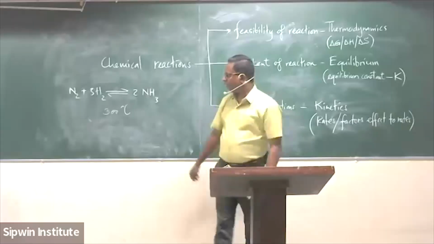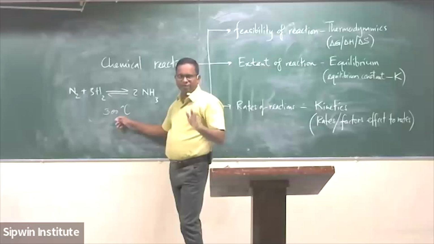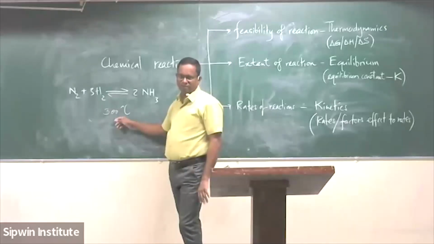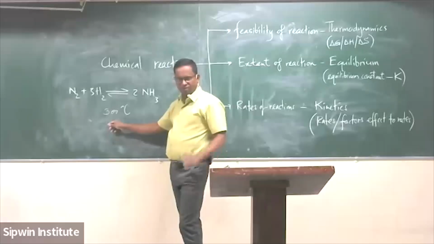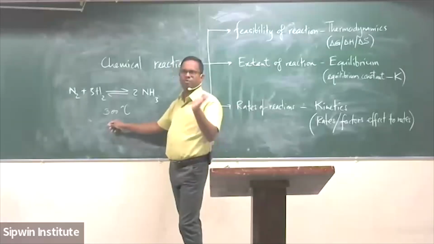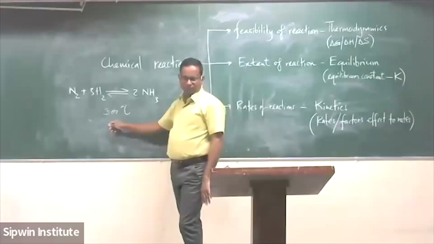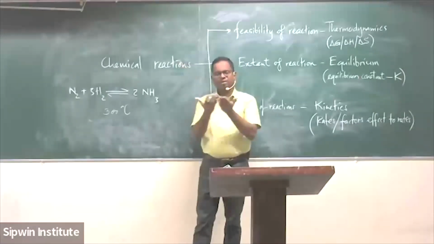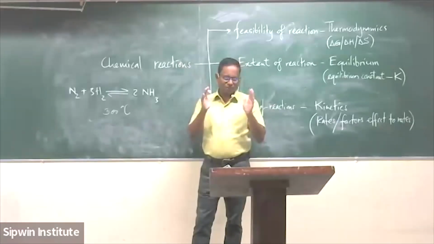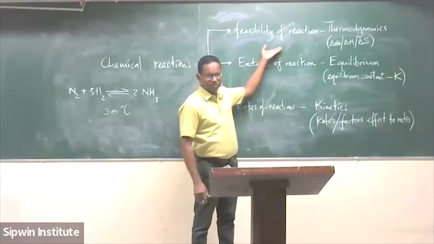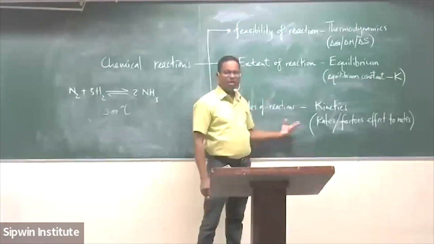For that, we have to supply the conditions. Say under 300 Celsius the reaction is happening, but the rate is not enough, it is happening slowly. Into that we add a catalyst. Using a catalyst, we give support to the reaction and the rate of the reaction increases. So when considering an industrial process, it should be favored thermodynamically as well as kinetically.